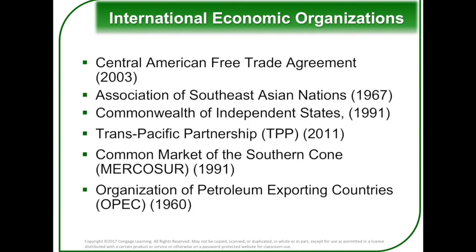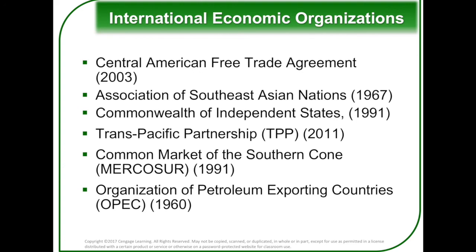Now, there's several other trade agreements around the world. You got the Central American Free Trade Agreement. That's back from 2003. Covers the other Central American countries below Mexico. You got over in Asia, the Southeast Asian nations. That was put together in 1967. You have Commonwealth of Independent States, 1991. You got other things like the Trans-Pacific Partnership put together in 2011.